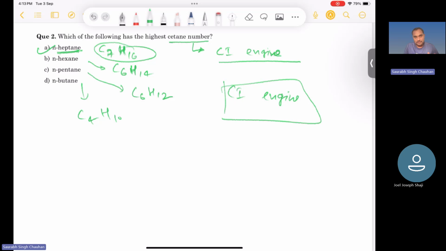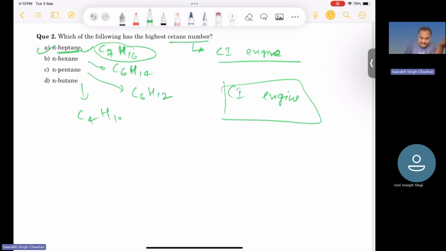So if you want to study the combustion of a CI engine, then you should use some reference fuels. Heptane is a very good reference fuel for diesel. And if you want to have a little more involved analysis, then you can use a few more compounds, heptane or C10, like that.